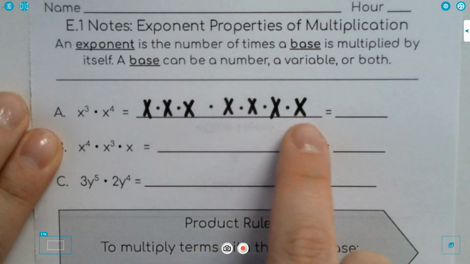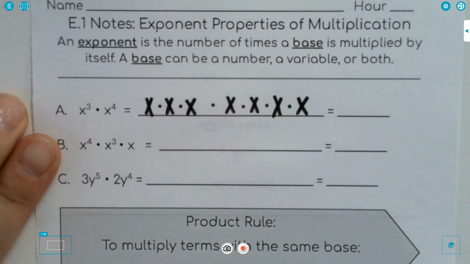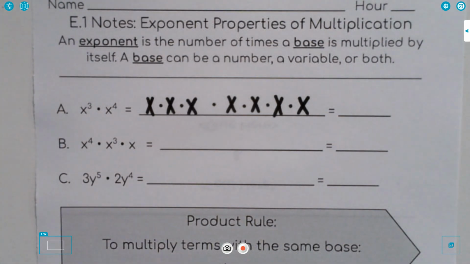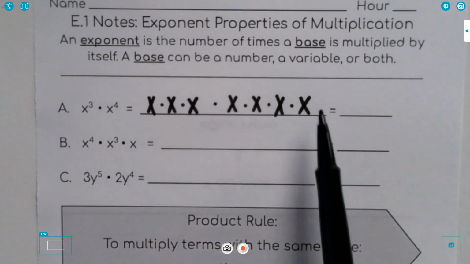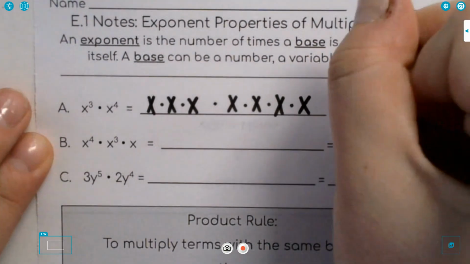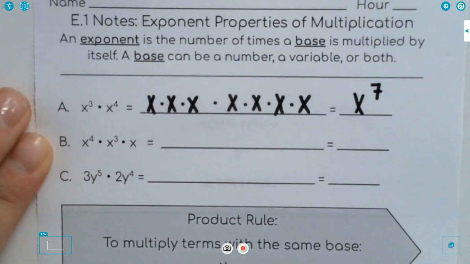So I'm expanding that out and making it have no exponents. If I wanted to squish that back together, what would my exponent be? 7. I've got 1, 2, 3, 4, 5, 6, 7 x's there. So I've got x to the power of 7. Awesome.